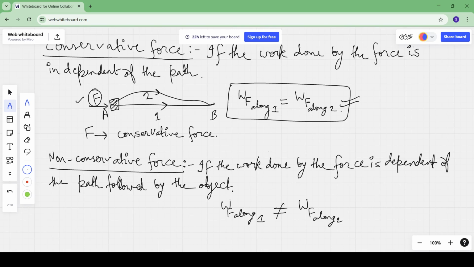So this is the basic difference between conservative and non-conservative forces.